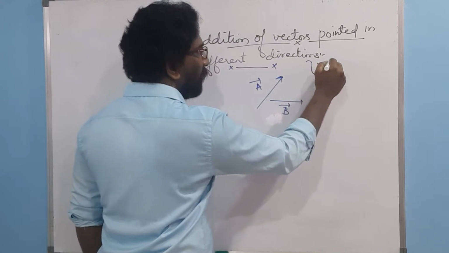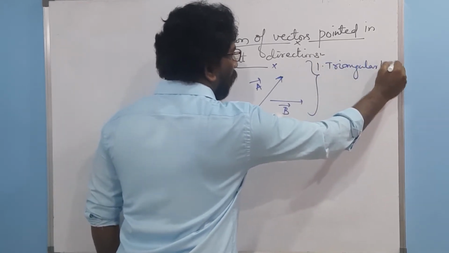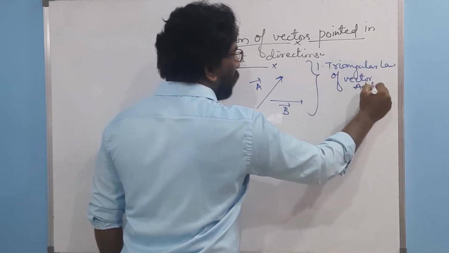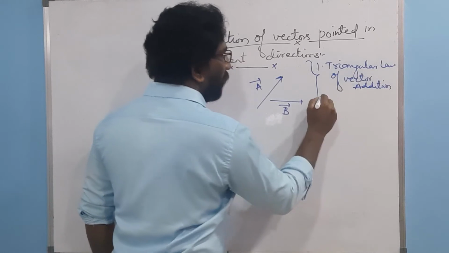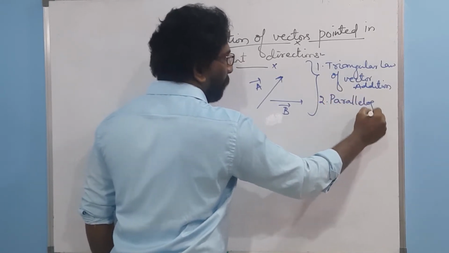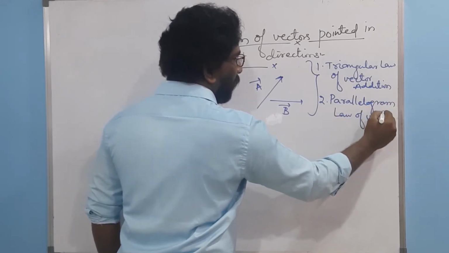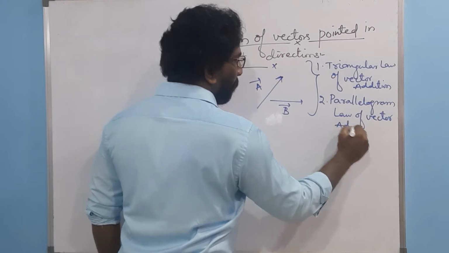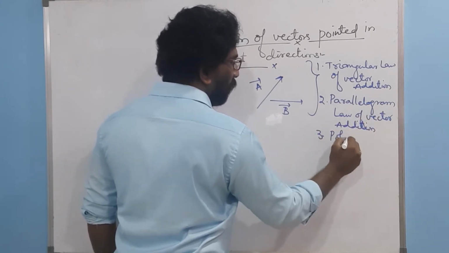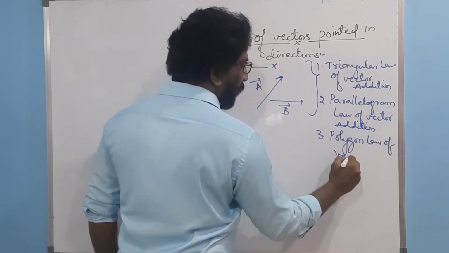The first one is triangular law of vector addition, and second one is parallelogram law of vector addition, and third one is polygon law of vector addition.